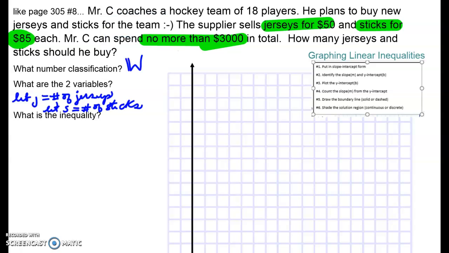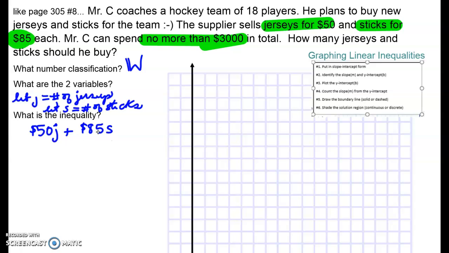So the inequality, we have each jersey is $50. So the jerseys are going to cost $50 multiplied by j, the number of them, 50j.